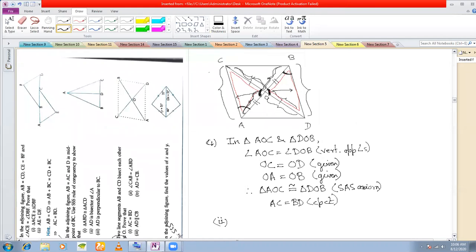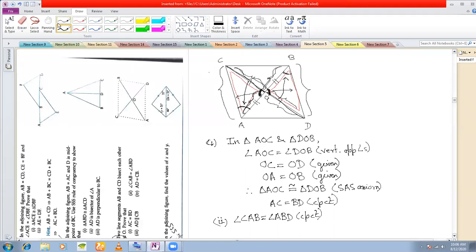If you see, this side is equal to this side, and opposite to this side is this angle, and opposite to this side is this angle. Therefore, you can say by CPCT, angle CAB is equal to angle ABD, again by CPCT. There was nothing to do in part 2. Fine.